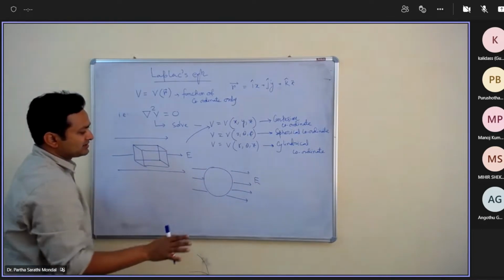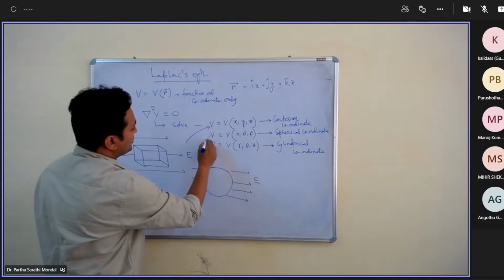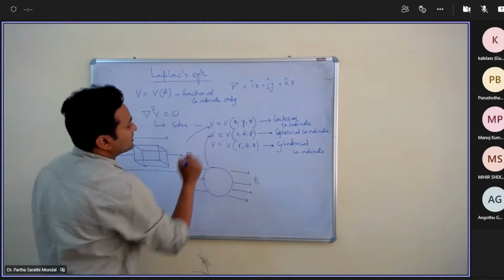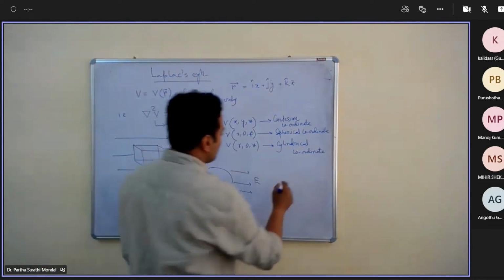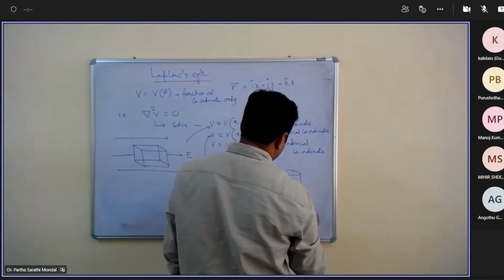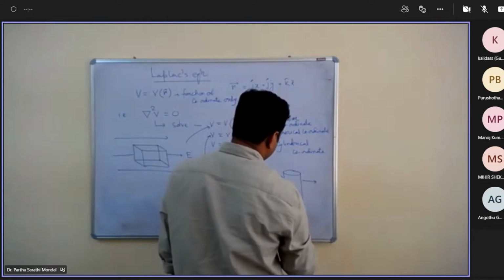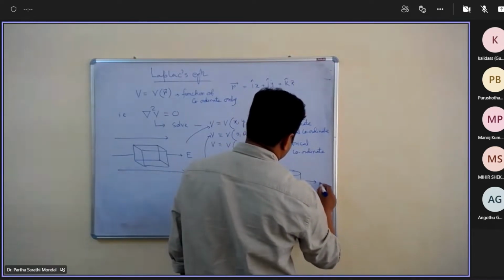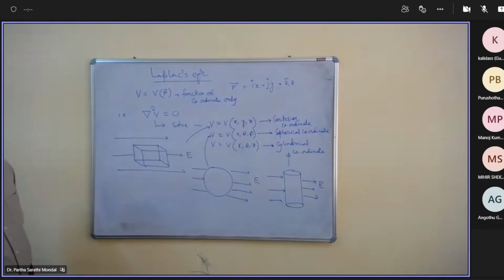To solve this, we have to use the spherical coordinate system. In a similar way, if you put a cylinder in an electric field, you have to use cylindrical polar coordinates.